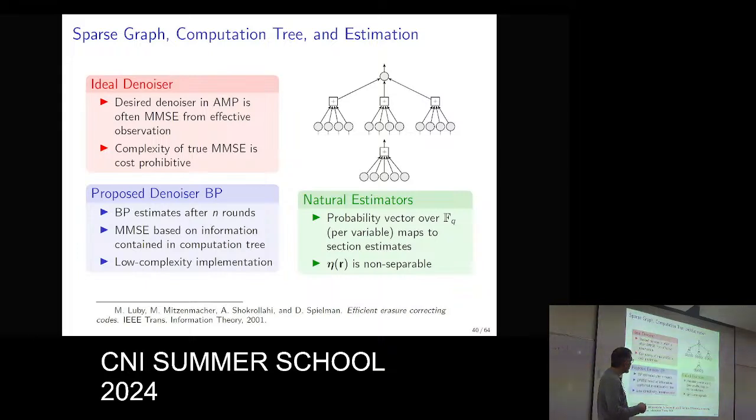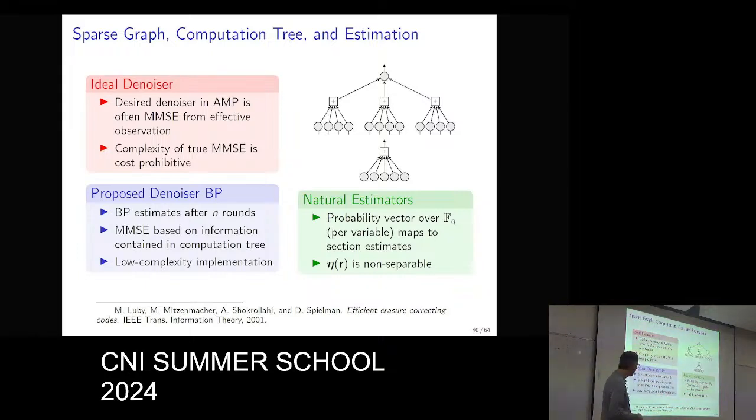It says, if I want to compute an estimate for the value of this variable node, and I do only a few rounds, I'm going to take into consideration the information only from the top layers of the computation tree. I'm going to assume that the loops in my LDPC code are long enough so that when I chop my tree, considering only the first n iterations, there is no loop in the top part of the tree.